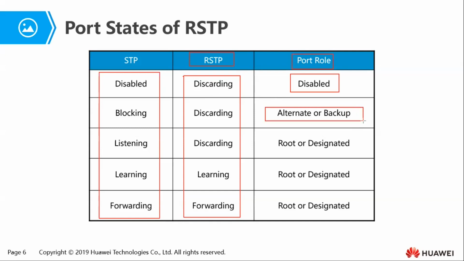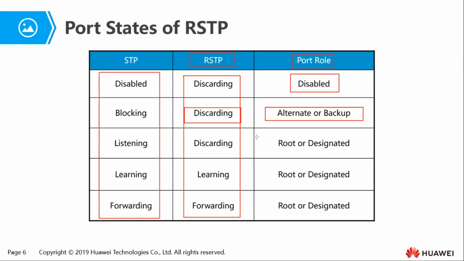Then alternate and backup ports, because they're both backup ports, they will always be in discarding state. Again, in discarding state, you cannot forward data or learn MAC addresses. But when you're an alternate or backup port, you can receive BPDUs in order to monitor the RSTP network.